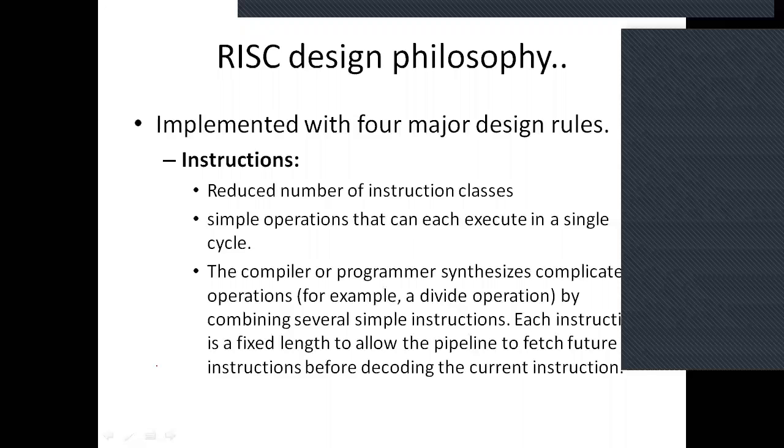So when an instruction is 64-bit wide, it will take 2 cycles to fetch that instruction. So the concept of instruction pipeline implementation becomes more complex in the case of variable length instructions. So that will take more time. If you have a fixed length instruction, almost all the instructions will take the same amount of time. So that means you can make sure that all the instructions can be executed in a single cycle.